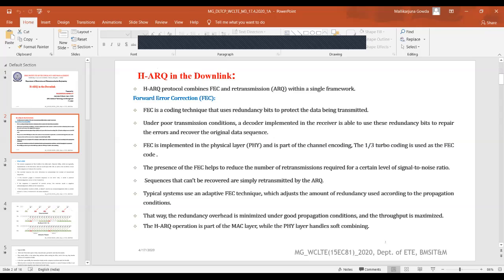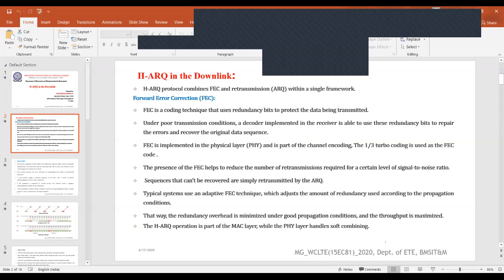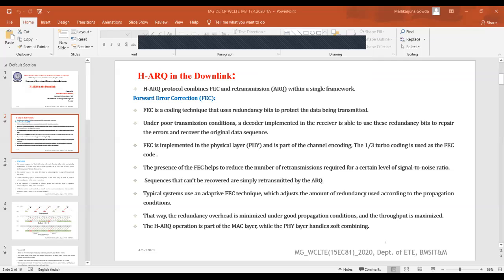So what is FEC, or what is its purpose? FEC, that is forward error correction, is a coding technique that uses redundancy bits to protect the data being transmitted. Basically it is an error correction mechanism.